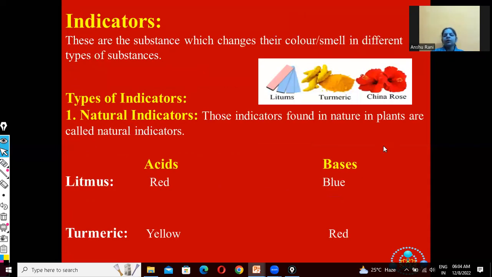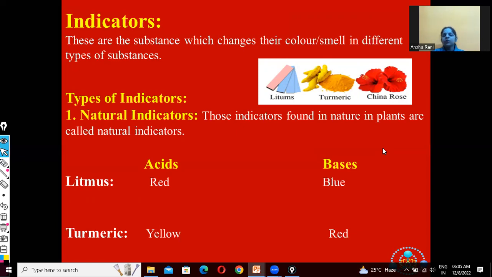Then we have indicators. Indicators are substances which give a characteristic color or smell in different types of substances. We can distinguish between acids and bases with the help of different indicators. You must have seen a stain of curry on your clothes, which gives a yellow color.